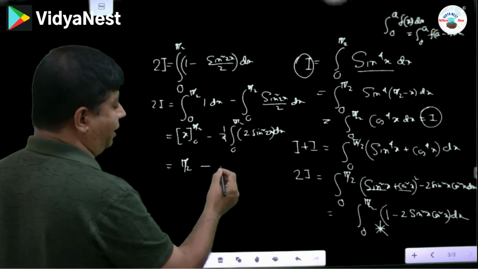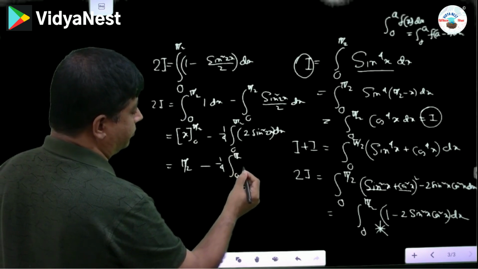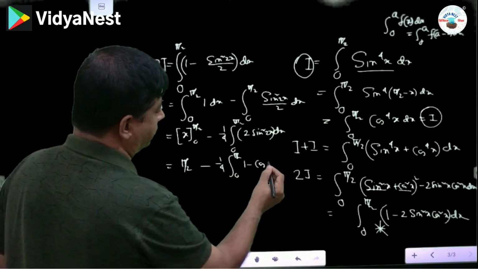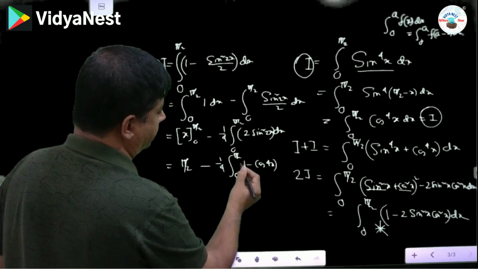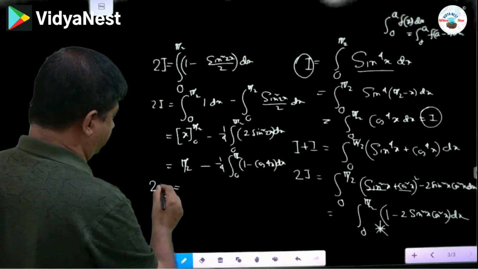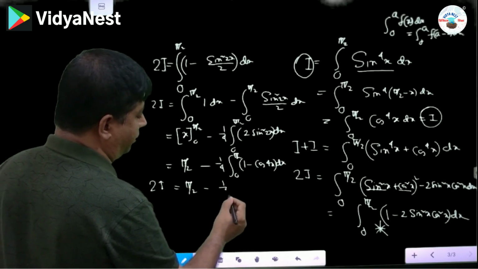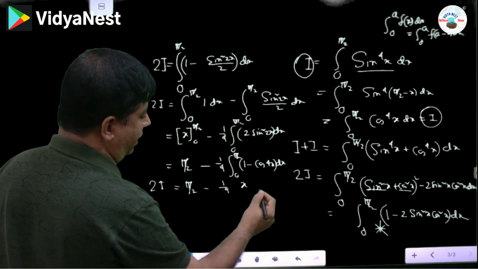2 sine square 2x is what? One-fourth, that is x.